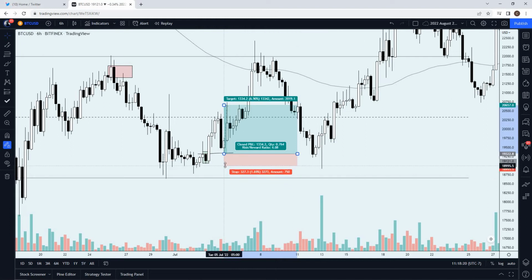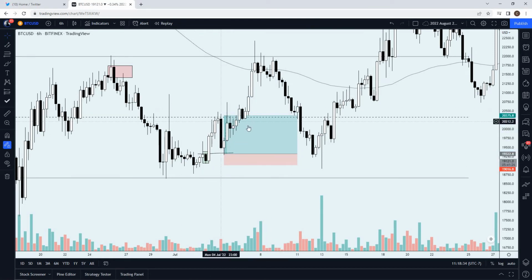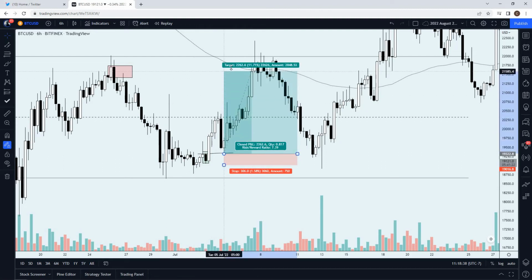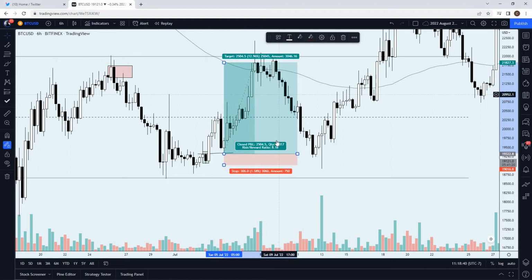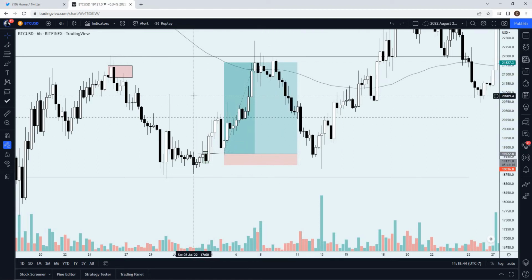But if you've seen the strength of this move, and you're assuming that this order block is valid and you've identified that, then I'd have no problem putting it below the order block. You get your retest, and then you're targeting the range EQ, so you've got roughly a 3.44 R&R there, or you're targeting the range high again, and your R&R is a lot better, 8.18.